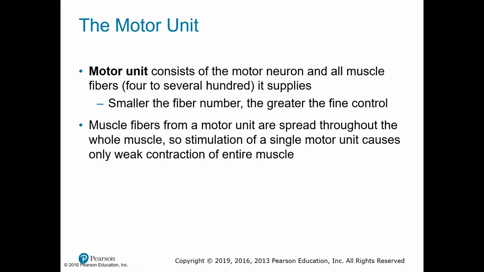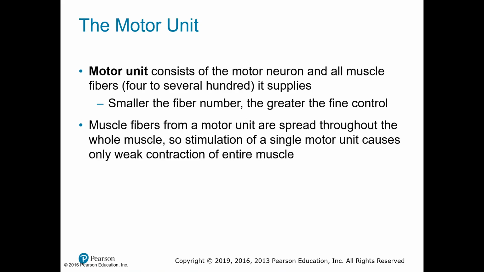The more muscle cells you have in a motor unit, the less precise the action is going to be. If you want precise action, you want to have 3 or 4 muscle cells per neuron, like the muscles of the eye or the muscles in our hands. For precise action, the fewer is better.